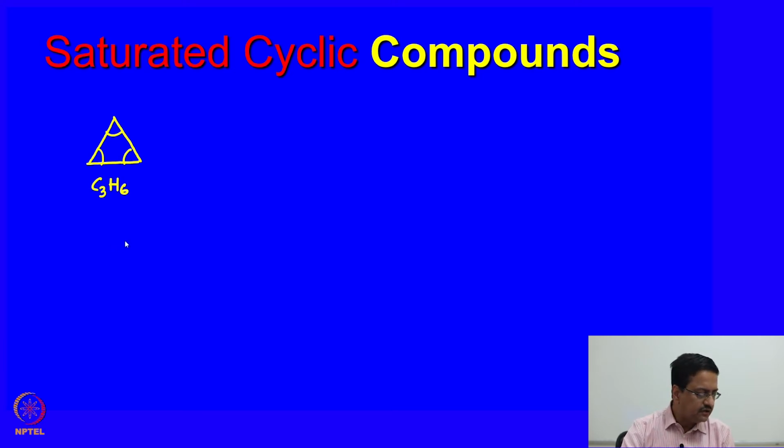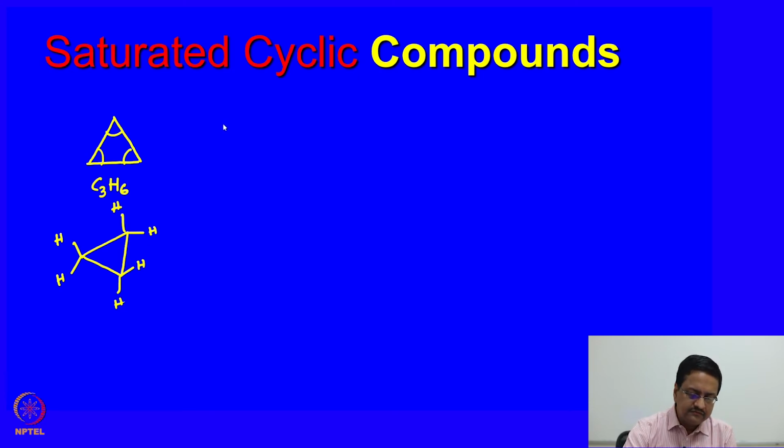If you try to draw this molecule as a conformation, you may try to draw like that, where the hydrogens are above and below the plane of those 3 carbon atoms.